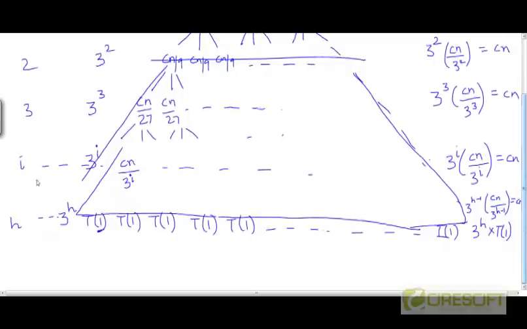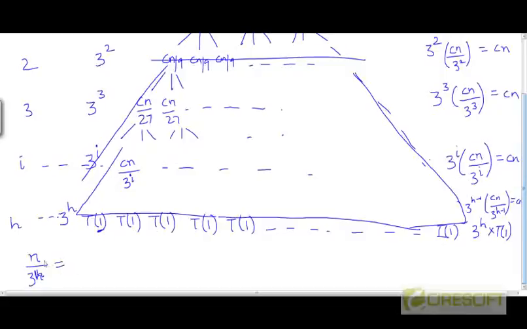So if the size of the subproblem at level i in general was n by 3 to the power i, and therefore at level h, the size of the subproblem should have been n by 3 to the power h. We are saying that h is the height of the tree, or the level at which the size of the subproblem becomes equal to 1.